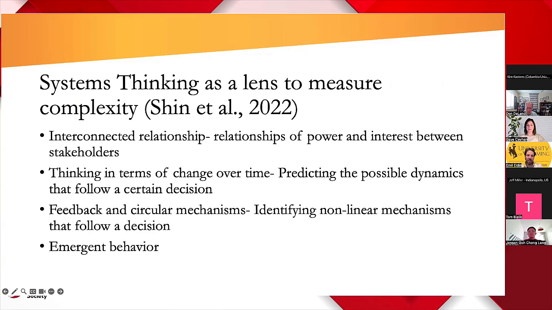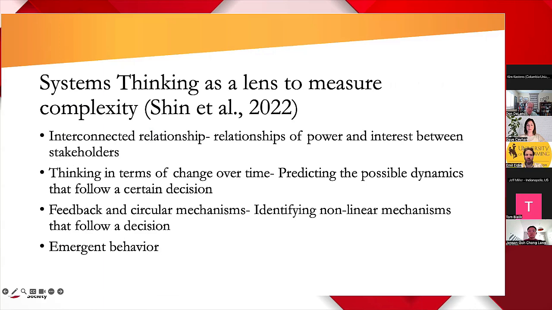The idea is to take this complexity issue and take a systems thinking lens to measure it, because complexity, at least in the context of socio-scientific issues, is very vague. It's not enough, to say the least.